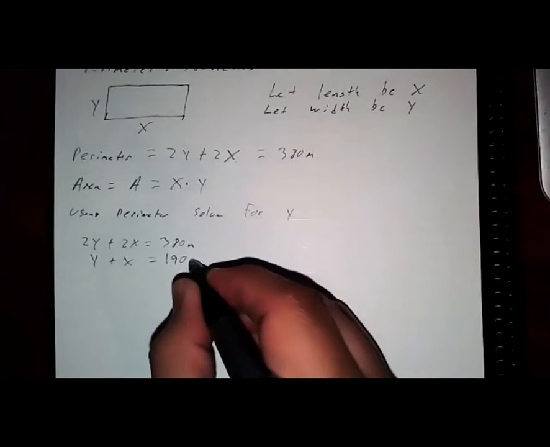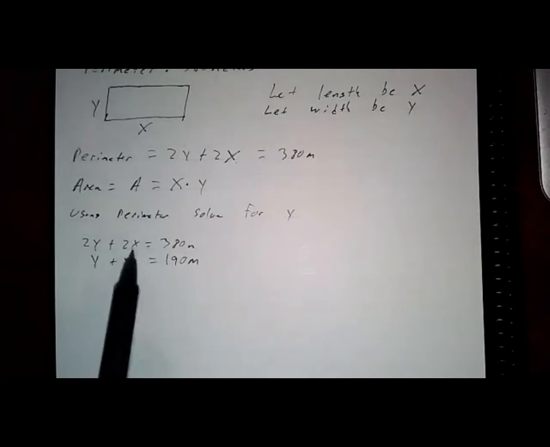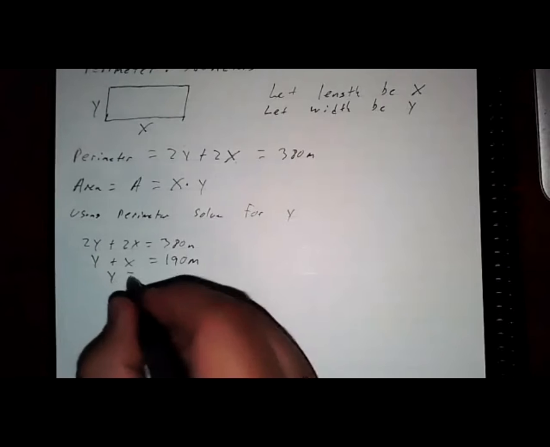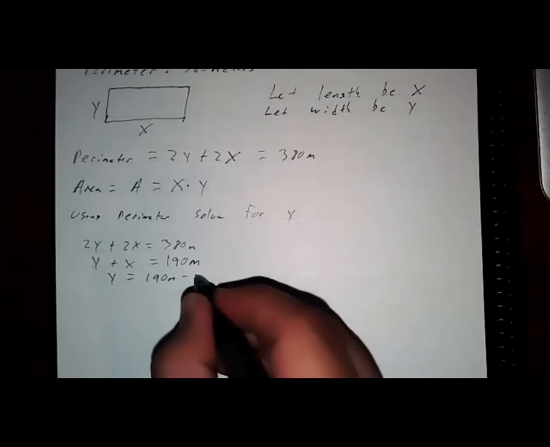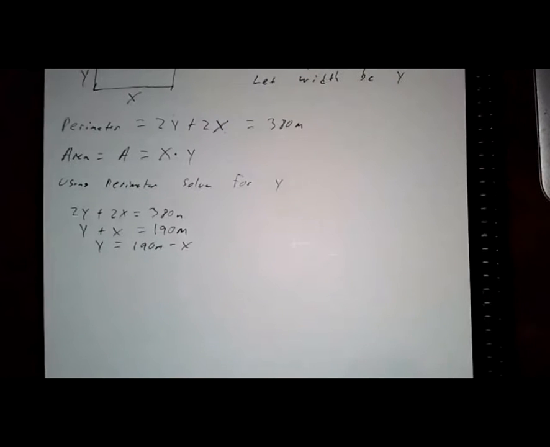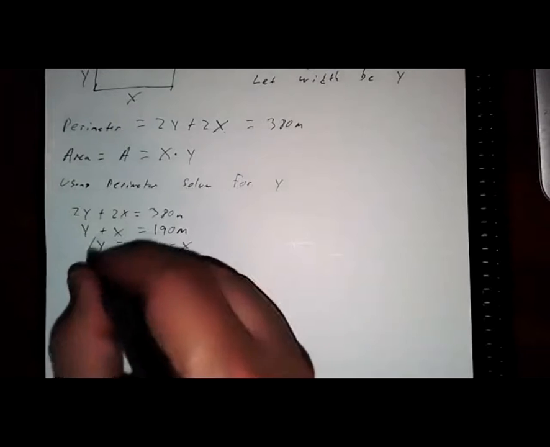If we divide everything by 2, that gives me this equation. Solve for y, we get y equals 190 meters minus x. All right, so I'm going to use this in a minute.